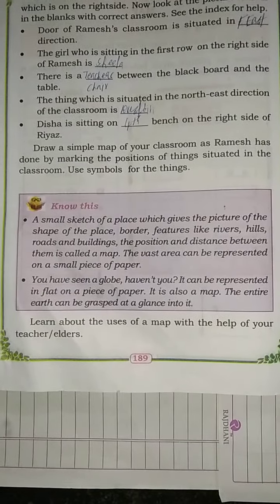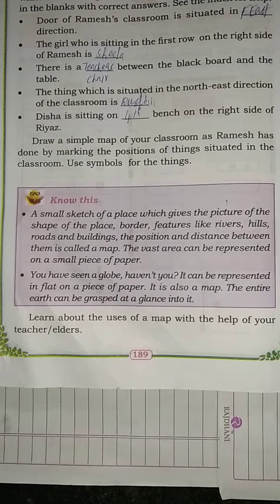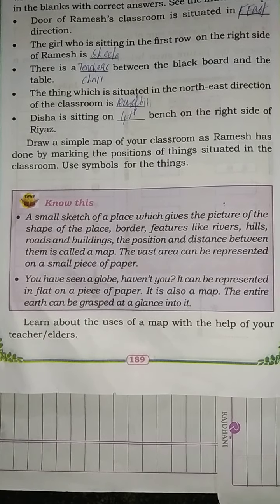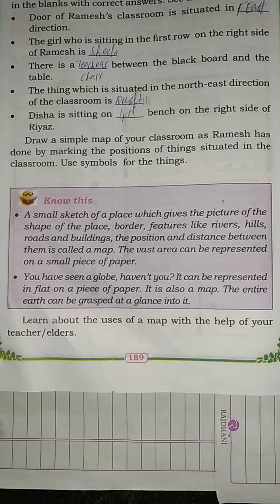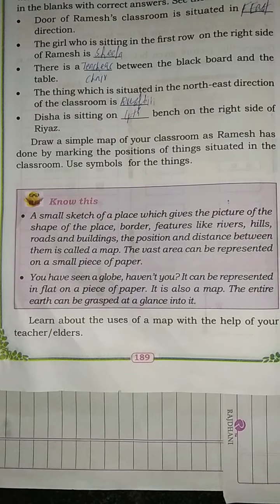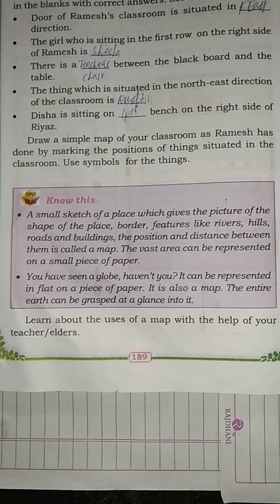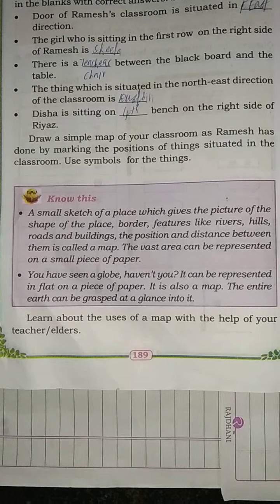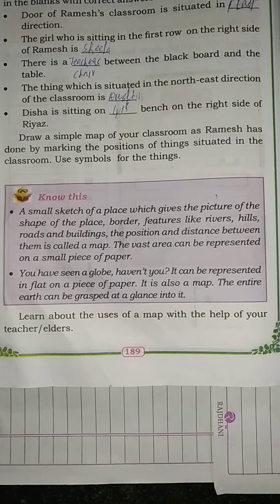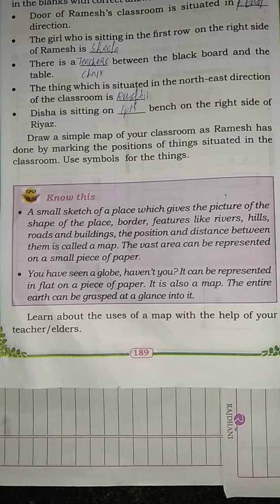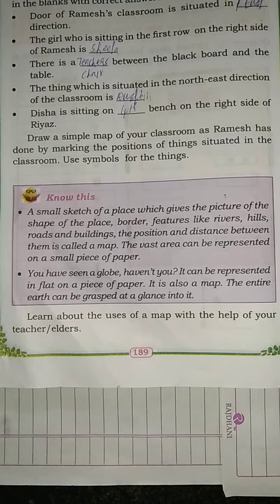You should sketch a small sketch of a place, which gives the picture of the shape of the place, border, features like rivers, hills, roads and buildings, and the position and distance between them. That is called a map. The vast area is represented on a small piece of paper.